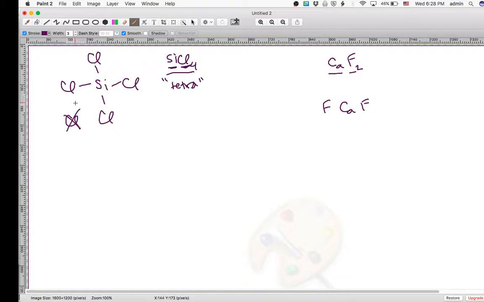It is just floating around nearby. So here I have 4 bonds, and because the prefix tetra was used, or if you prefer, because none of these are metals and none of these are polyatomic ions, I know that these are all covalent bonds.